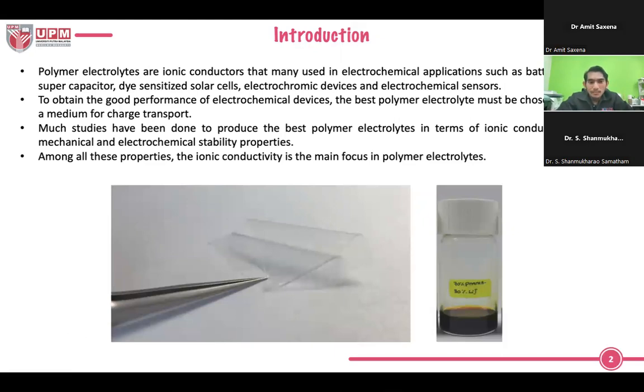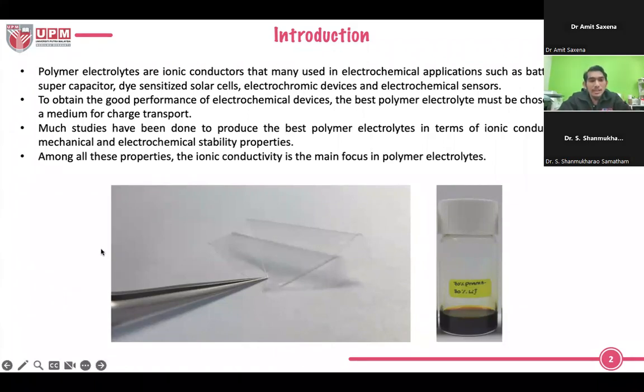And the polymer electrolyte nowadays has become a hot topic around the world, because in line with the 7 SDG towards clean energy, we are focusing more on environmentally friendly energy devices, which are focused on battery and also the solar cell.